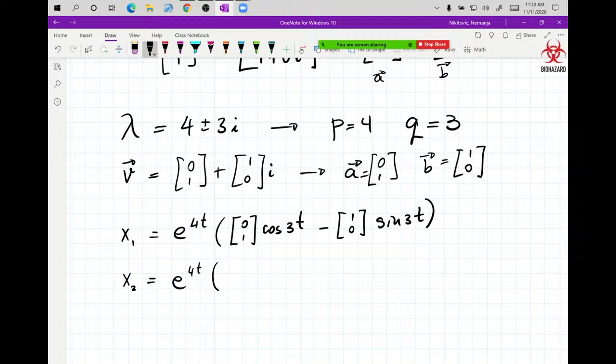Now you put b first, so that's 1, 0 cosine 3t plus a, which is 0, 1, sine 3t. And that would give you the solution for x1 and for x2.